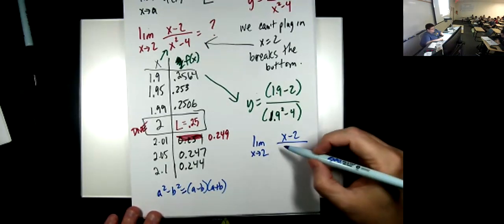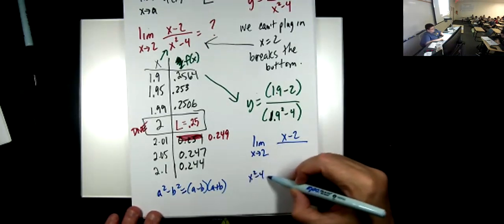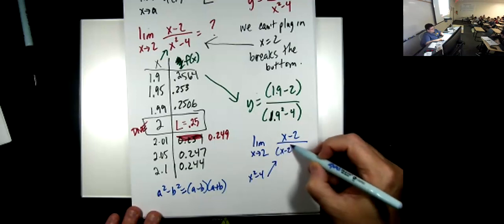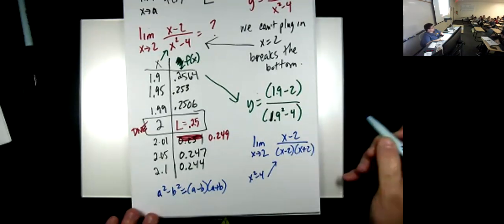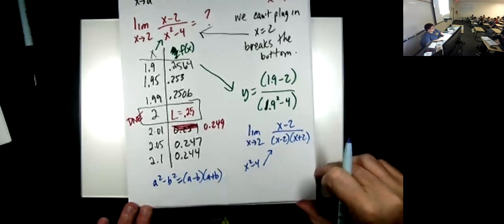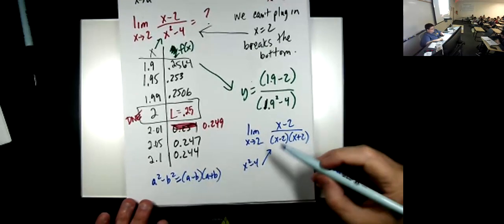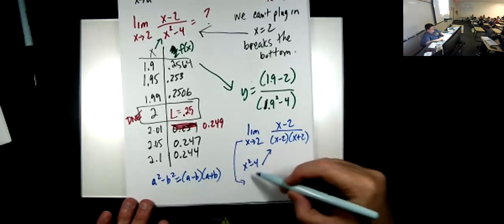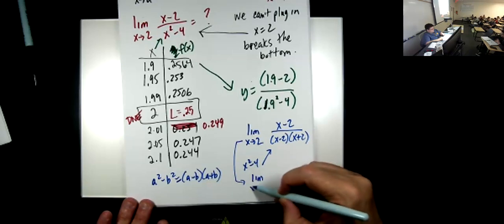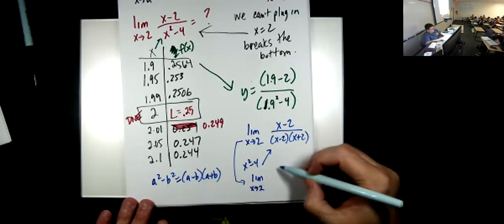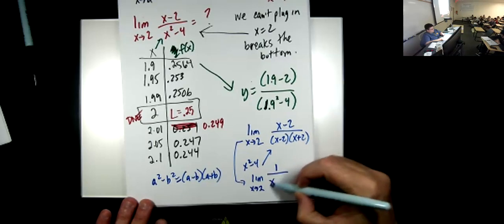So x squared minus 4 is (x minus 2)(x plus 2). And if I cancel out what's on the top and the bottom, this becomes the limit as x approaches 2 of 1 over x plus 2.